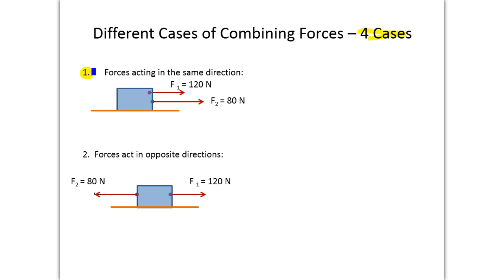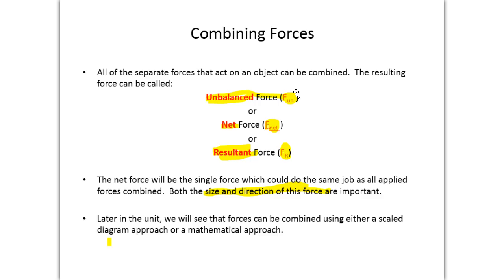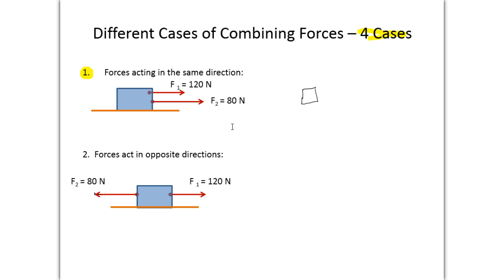Forces are acting in the same direction. So if you have forces acting in the same direction, then what would happen here? You have force 1 and force 2, both pulling on an object. Force 1 pulls with 120 newtons. Force 2 pulls with 80.